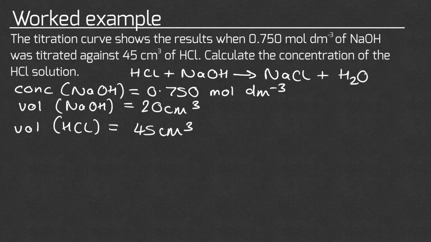The value of the concentration of sodium hydroxide was given in the question, as was the volume of hydrochloric acid. The volume of sodium hydroxide we read off the titration curve.